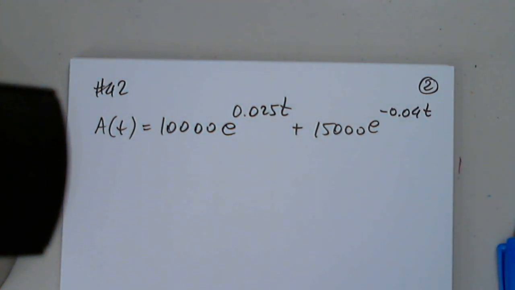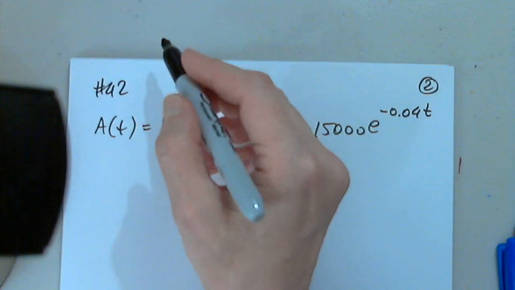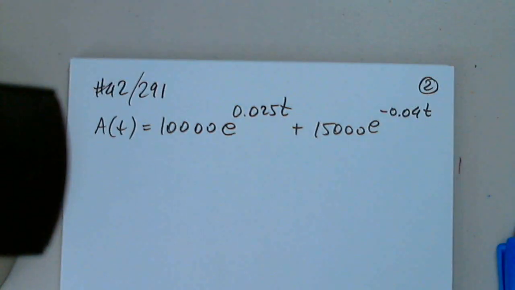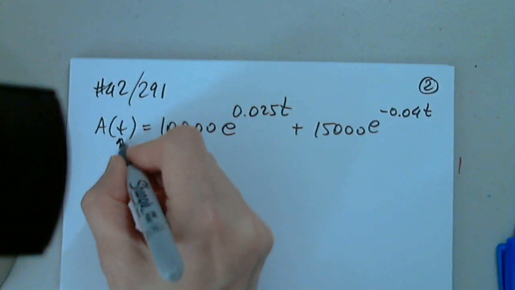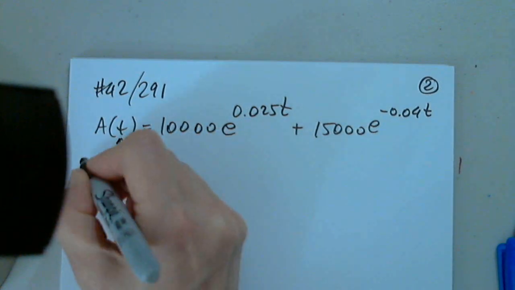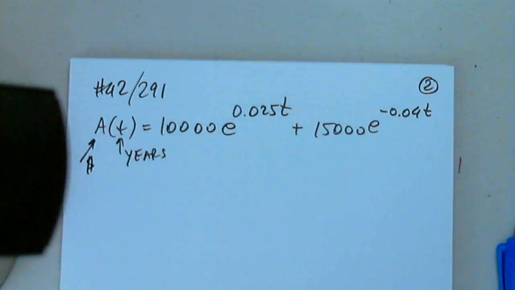So we are asked in 42 on page 291. It says we're given the value of two properties, t years, so t is in years, and this is in dollars. How many years after will the combined value of the two properties be a minimum?